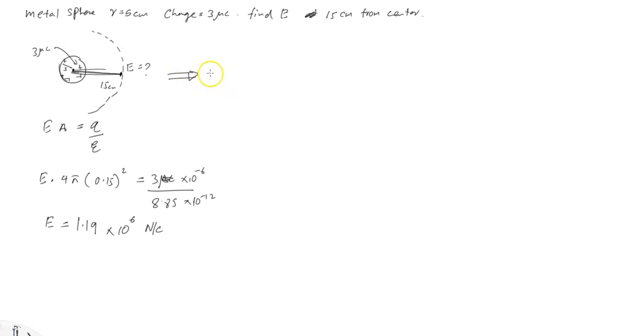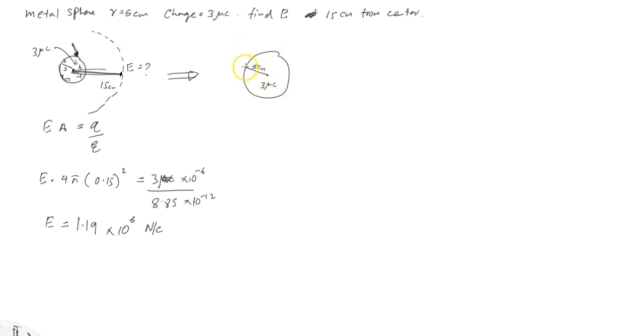I want to find the electric field right here on the surface. So here's my charged sphere. Charge is 3 microcoulombs. Radius is 5 centimeters. Let me draw a bigger diagram, so it makes things a little easier to see. 5 centimeters, 3 microcoulombs.